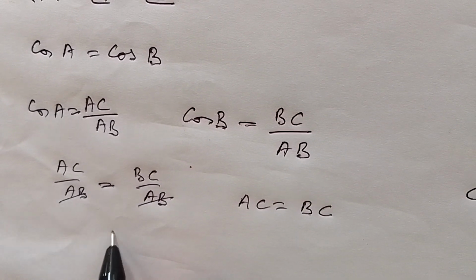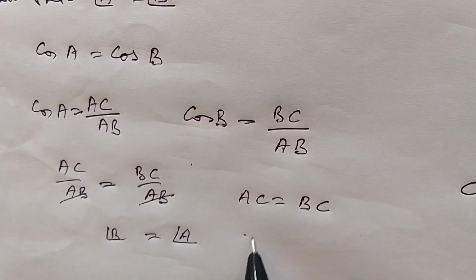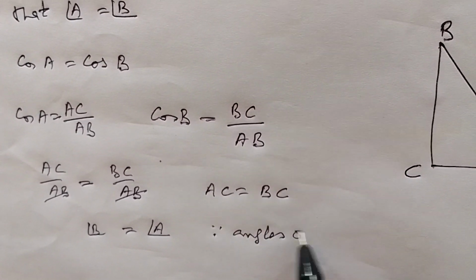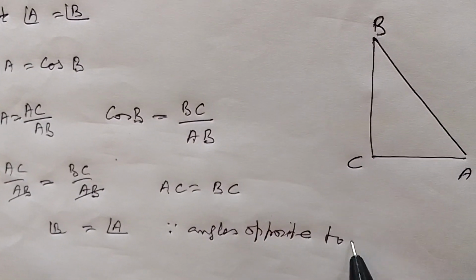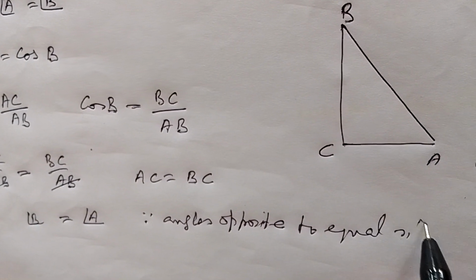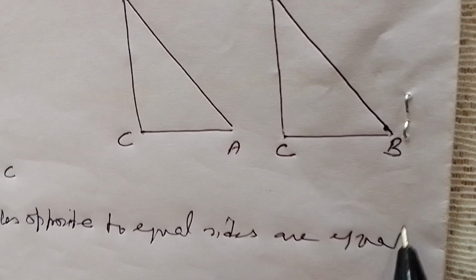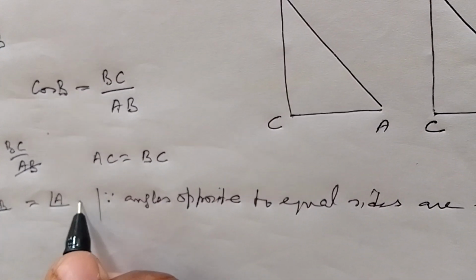So angle B is equal to angle A, since angles opposite to equal sides are equal. So this is the proof of the question.